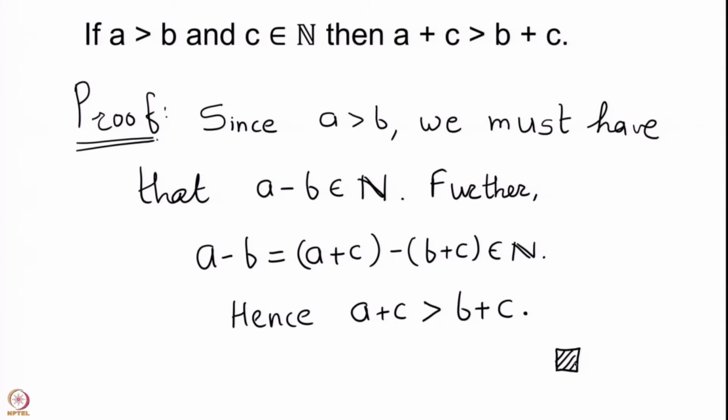Now, you may ask that we have not used C being a natural number here. That is true, we have actually used that C is an integer. Whatever we have done, the order relation is preserved by addition of all elements in Z. But there is a slight problem here, which is that A plus C, where A is a natural number and C is coming from the bigger set of Z, then A plus C need not again be a natural number, that is the only thing.